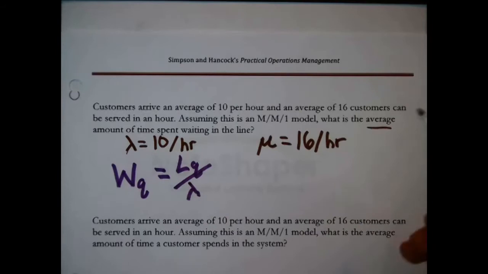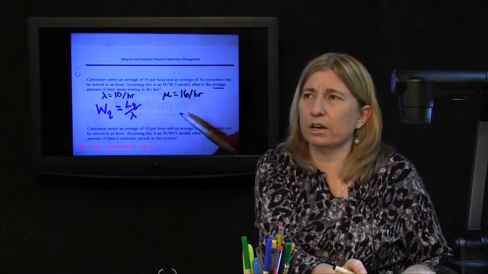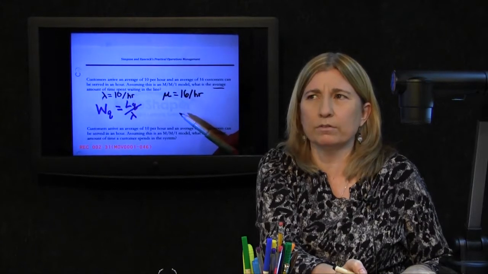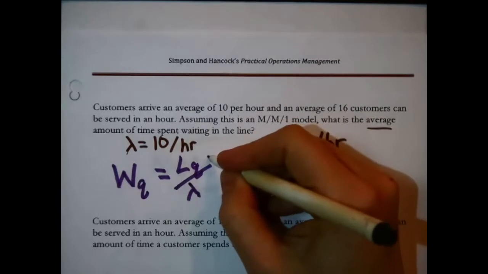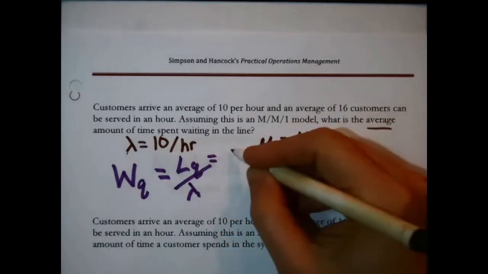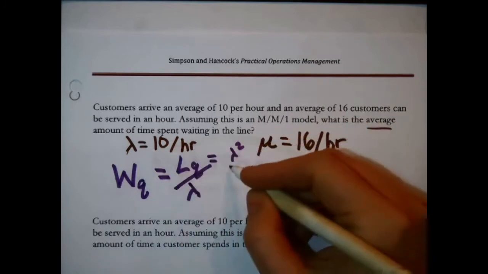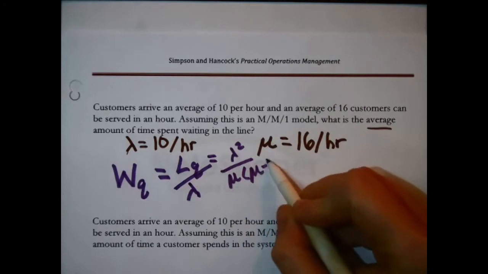Oh, okay. So in order to answer this question, the average wait in the line, I have to first calculate the average length of the line. Yes. The formula for the average length of the line is lambda squared divided by mu times mu minus lambda.